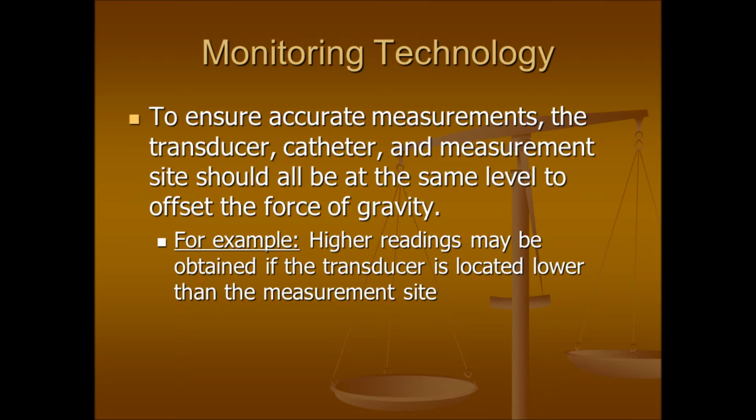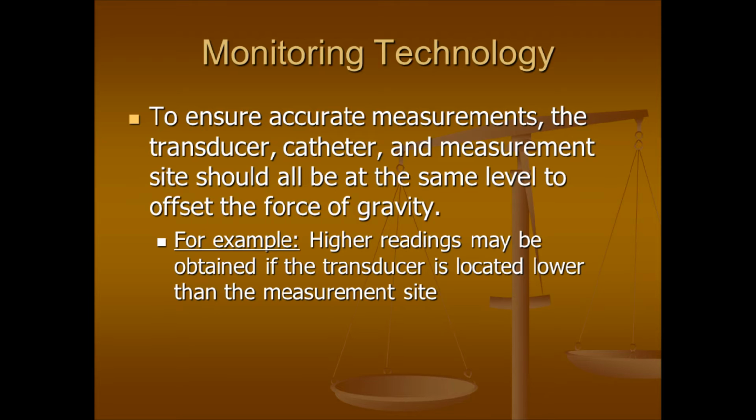Now, to ensure that accurate measurements are being displayed on the oscilloscope and the monitor, the transducer and the catheter have to be at the same level. So the transducer, catheter, and it says measurement site, and the measurement site is nothing but the catheter tip. They should all be at the same level, and that's just to offset the force of gravity.